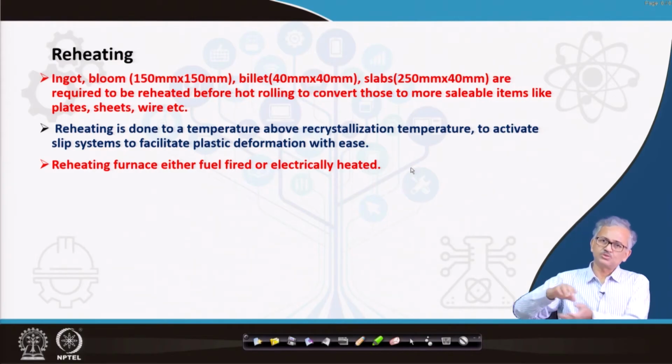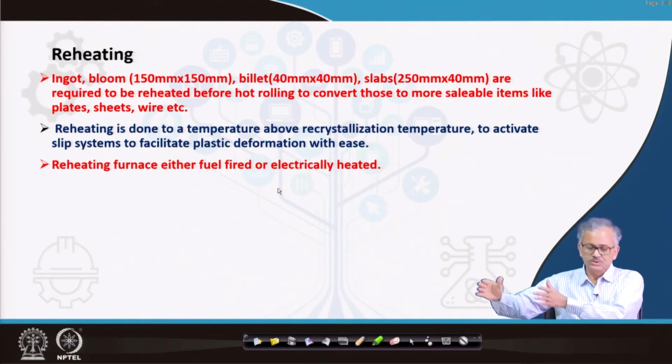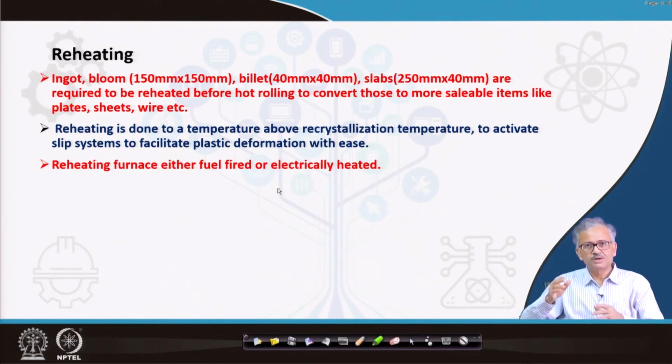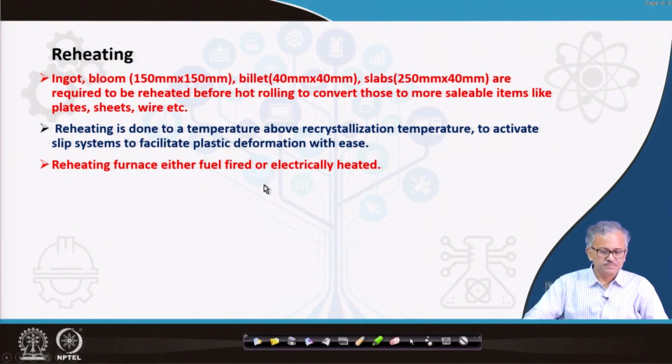So it has to go through a reheating furnace, which is on the line, all in line. After the continuous casting is sheared, the block goes into the reheating furnace in line, and from the reheating furnace directly enters the hot strip mill.